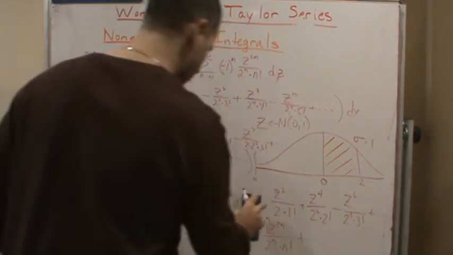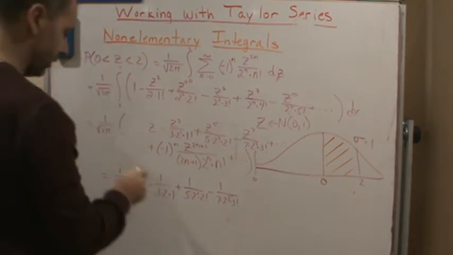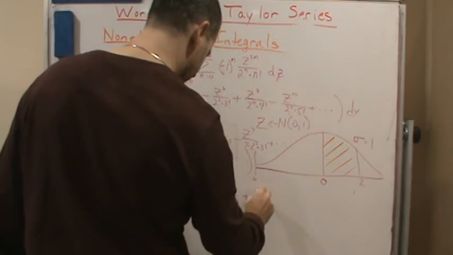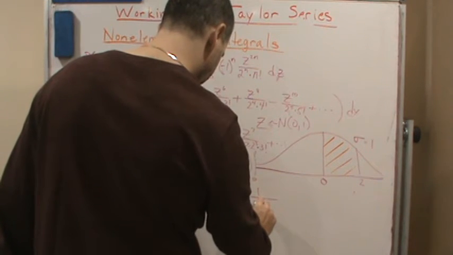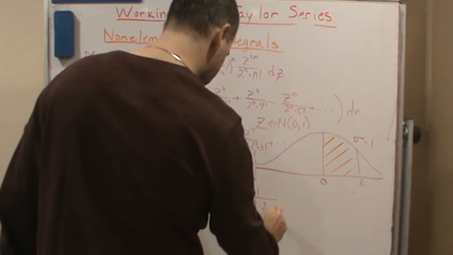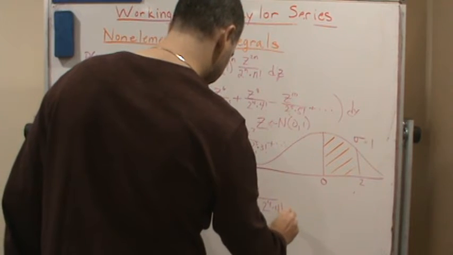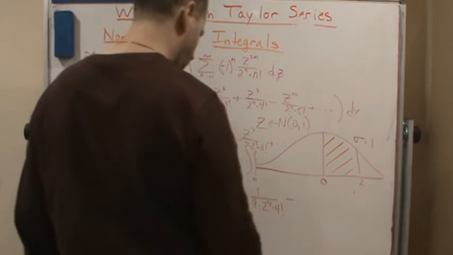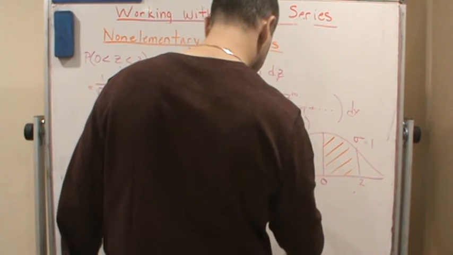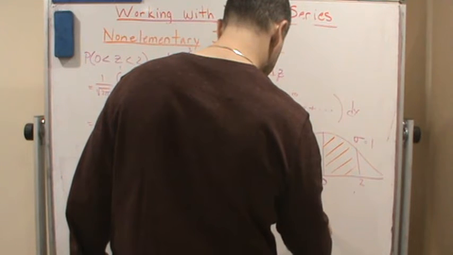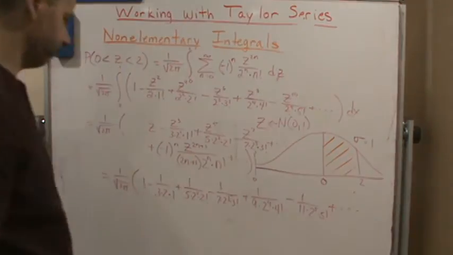Okay, now I'm going to erase all of this, I don't need that here, and continue this a little bit. So this is going to be plus 1 over 9 times 2 to the 4th times 4 factorial, and it just keeps going on like that. And so this is going to be 11 times 2 to the 5th times 5 factorial, and so on.